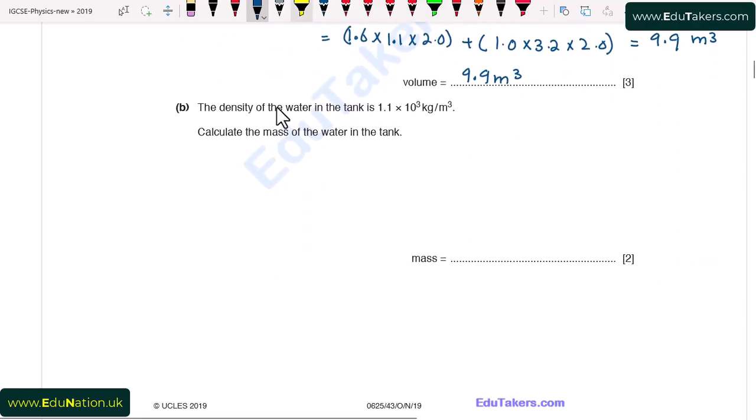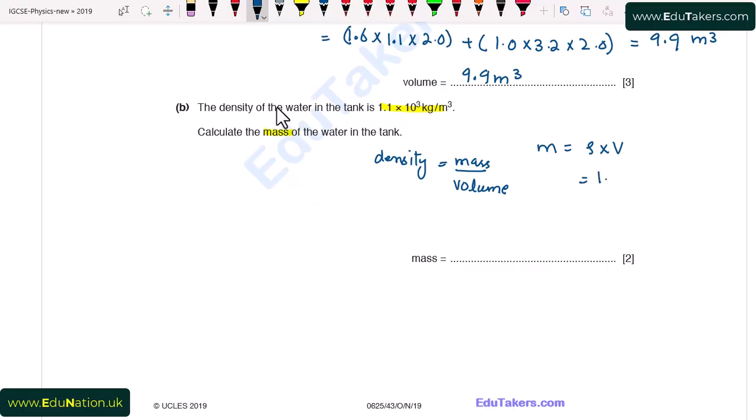Part B. The density of the water in the tank is 1.1 into 10 to the power 3 kilogram per meter cube. Calculate the mass of water in the tank. Here we have to find the value of mass. First of all, we know that density is equal to mass over volume. So mass will be the product of density and volume.